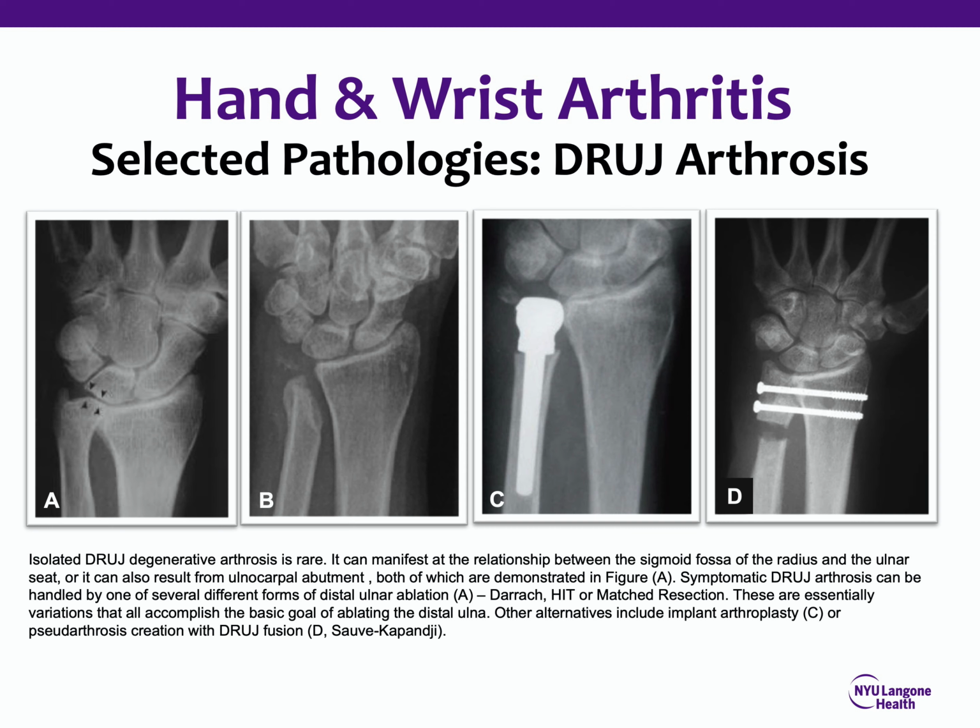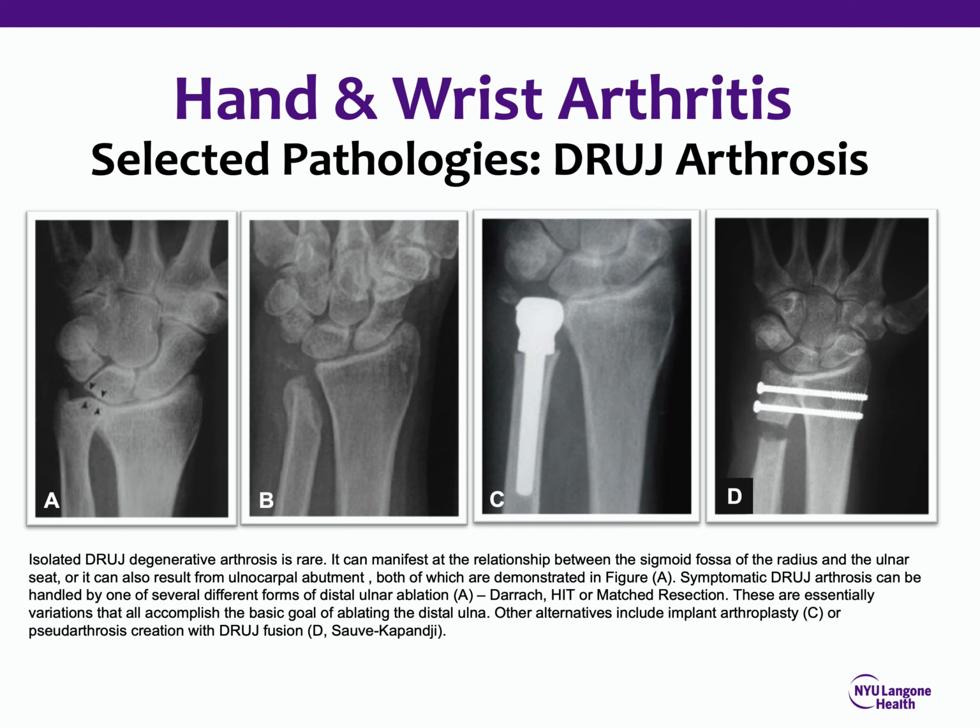The procedure you see on the right is a Sauve-Kapandji, S-A-U-V-E, not suave, which is an arthrodesis of the DRUJ with the creation of a pseudoarthrosis by doing an ostectomy slightly proximal to the intracapsular or juxta-articular margin. So it is used to support the carpus, typically in those patients who might also be having some ulnar translation of the carpus.